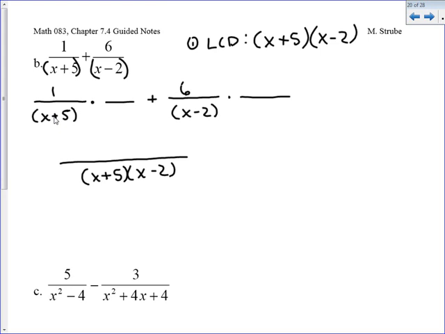It's missing the x minus 2. So I'm going to need to multiply the denominator by x minus 2, so it's got both the x plus 5 and the x minus 2. But whatever I do to the denominator, the same thing has to happen to the numerator. This has to come in as a form of 1.